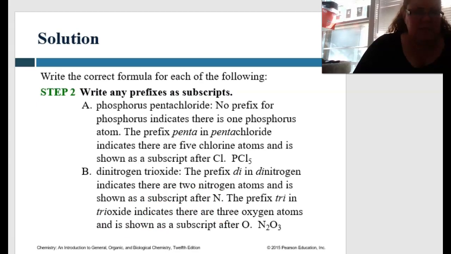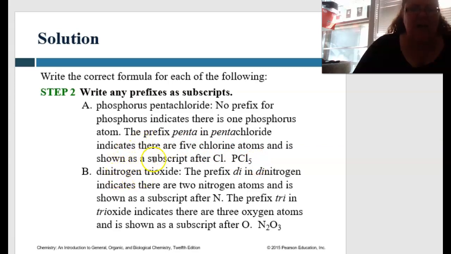Step 2, let's follow those words and write any prefixes and subscripts. For phosphorus pentachloride, there's no prefix for phosphorus, so that indicates there's only one. But penta in pentachloride indicates there are 5 chlorine atoms, so that would be PCl5.